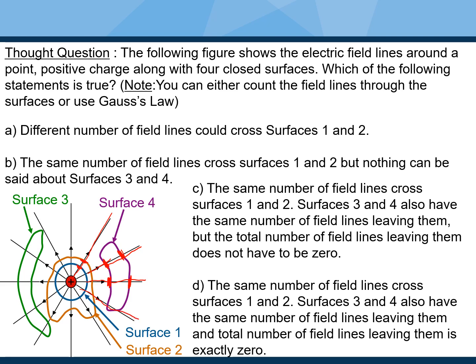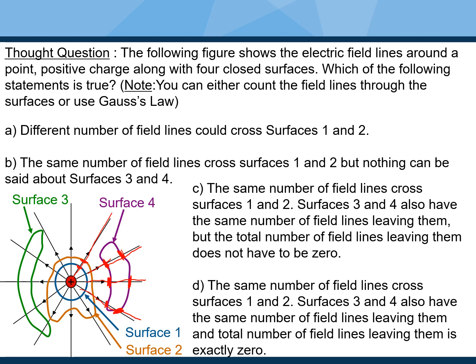Likewise, out here as well. Therefore, there's a one-to-one correspondence, namely count -1 for a field line entering, count +1 for a field line exiting, and therefore the net number of field lines crossing through surface 4 is exactly 0.